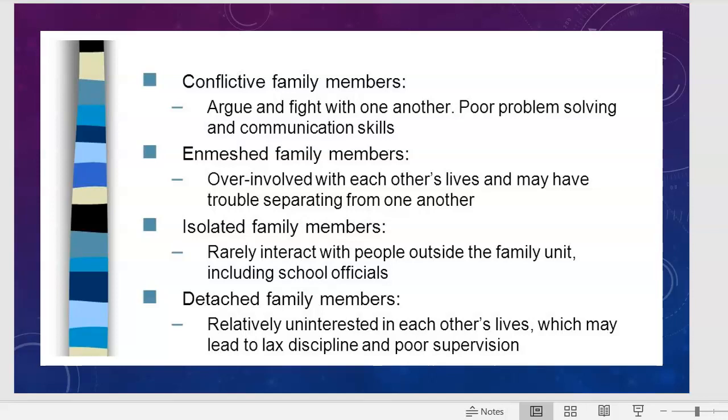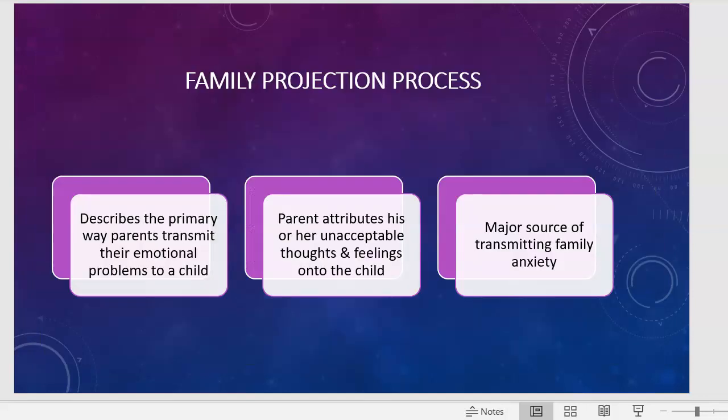There is a very low level of cohesion or connection within the family system. Family members are uninterested in each other's lives, and this may also lead to a lot of permissiveness within the family system, where there's a lack of discipline, lack of supervision, and a lack of caring and nurturing. All of these patterns result in difficulties, dysfunction, and poor family functioning.